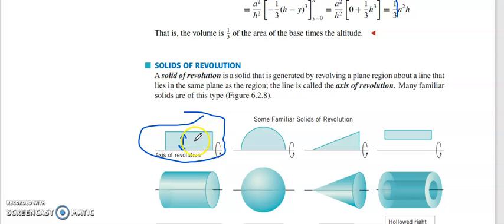When you rotate this rectangular region about this line, you get a surface at a particular fixed distance from the central line, and that surface will be a cylinder.